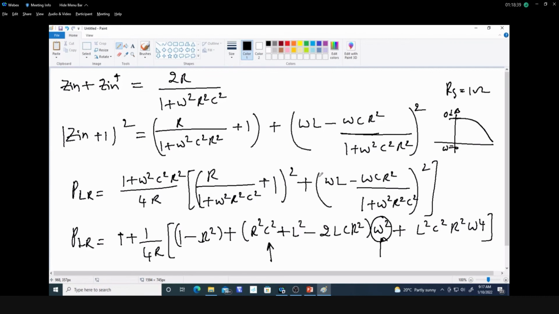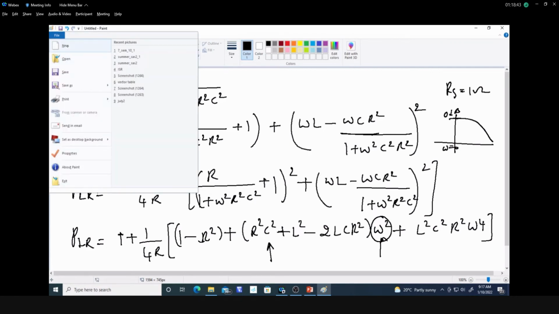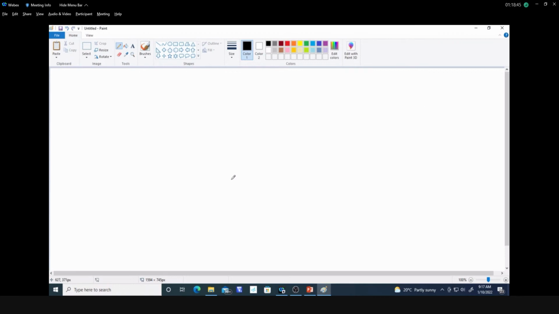So the ω² term we have earlier will be equated to 0. If I do that, r²c² plus l² minus 2lc r², into ω², this is the ω² term.